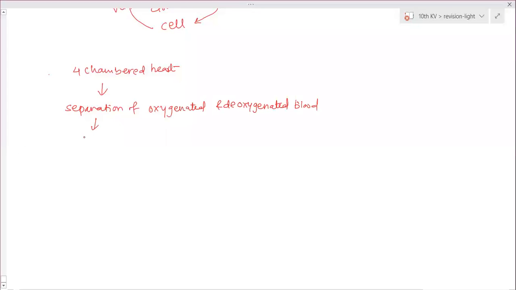This helps in efficient supply of oxygen. Due to efficient supply of oxygen, the rate of respiration increases. And this helps in producing more energy.